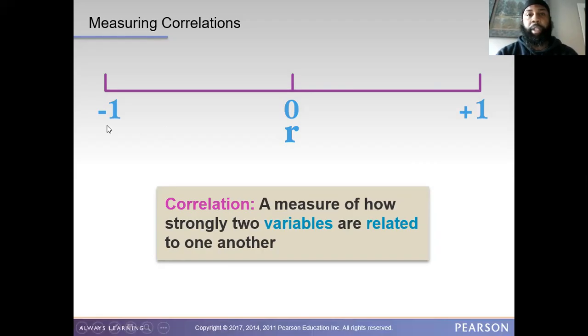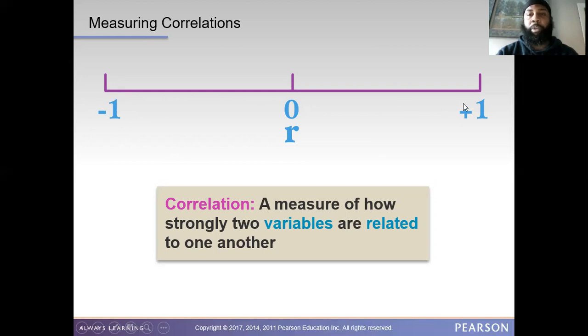This -1 then means that two variables that are related together are perfectly negatively correlated. Now remember what I said last week. This predicts a very strong positive relationship. This predicts a perfectly negative or inverse relationship.